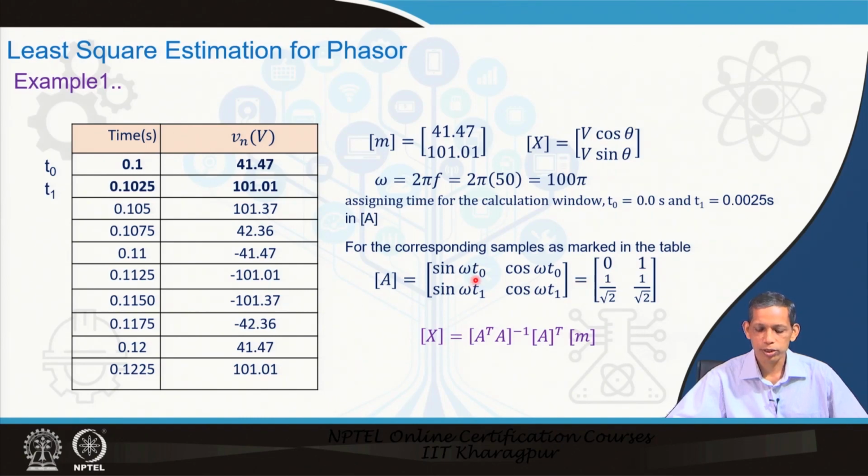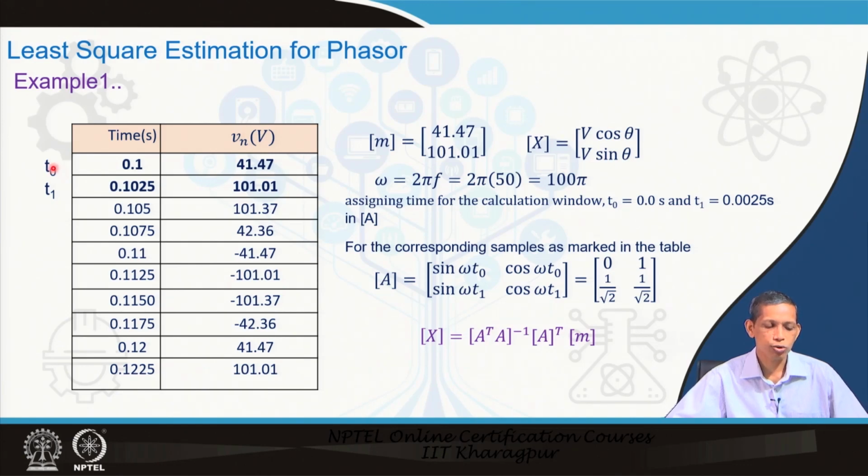If you substitute T0 equal to 0, because T0 here is the reference time for the computation of the least square estimate, this time index is recorded by the device also. So, for our window where we are going for the computations, this makes the calculation easy and simple.